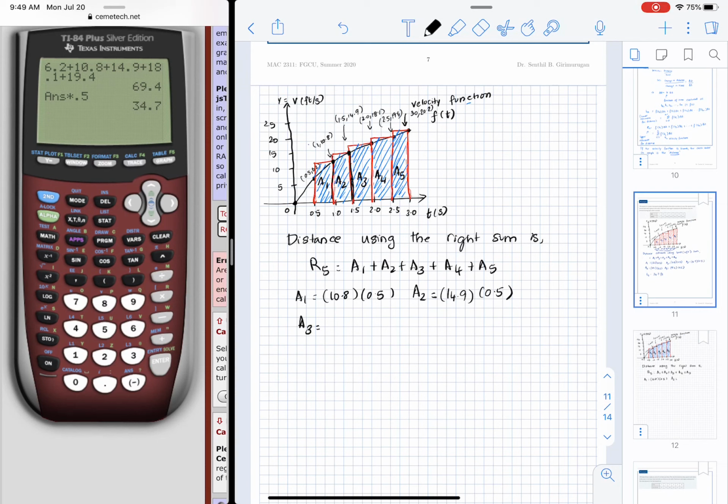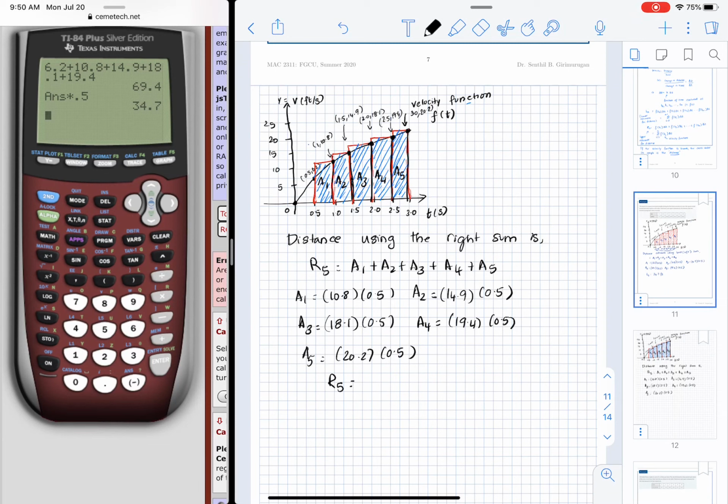A3 is that height. 18.1 times 0.5. A4 is that height. 19.4 times 0.5. And lastly, A5 would be that height, 20.2 times 0.5.